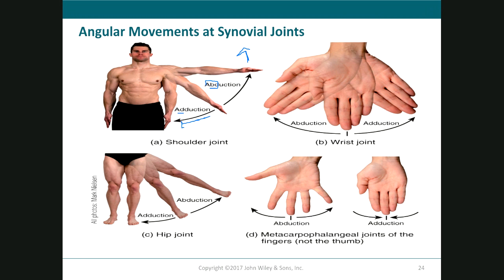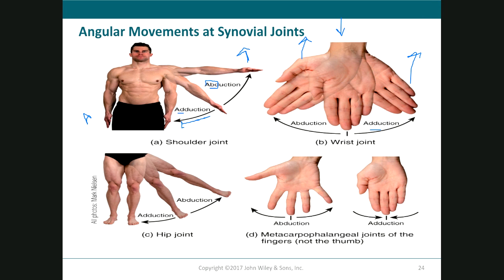So in that case, if we're moving this way, we're moving towards the center of the body. And if we're moving this way, this is adduction. So adduction is moving towards the center of the body. Abduction is moving away from the center of the body.